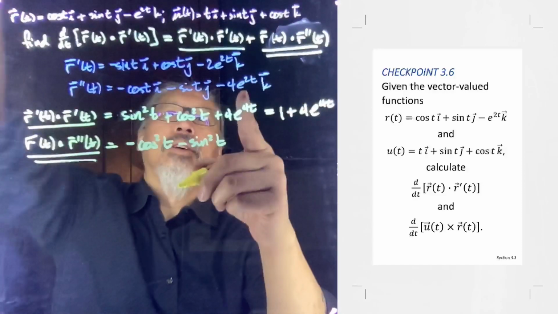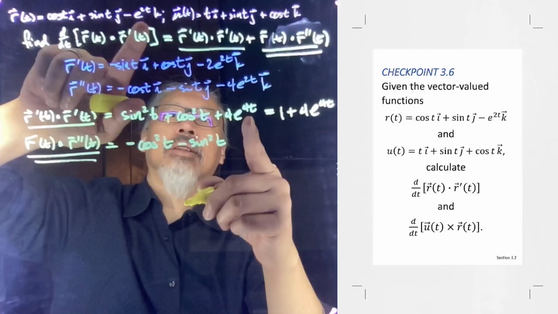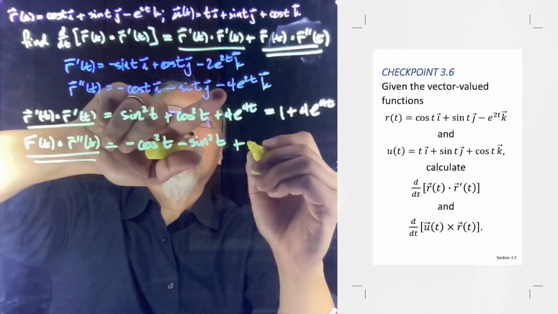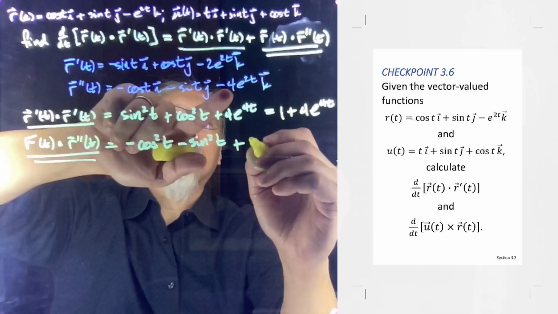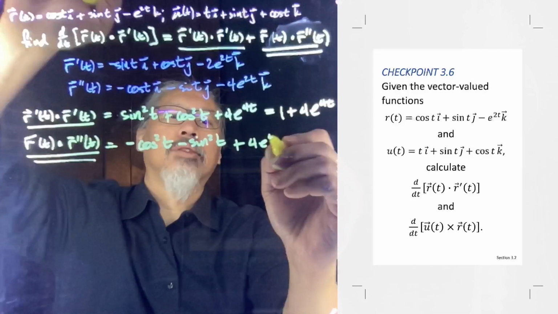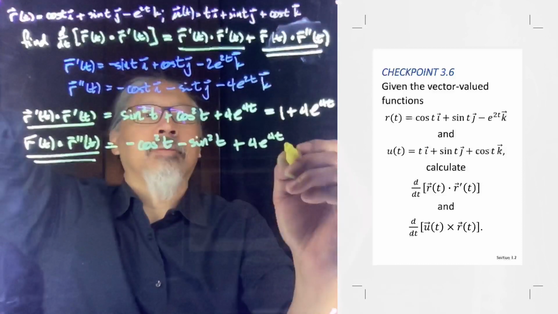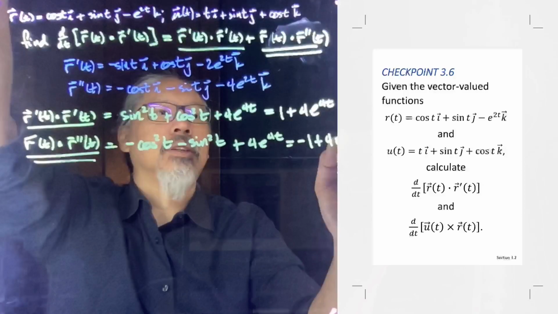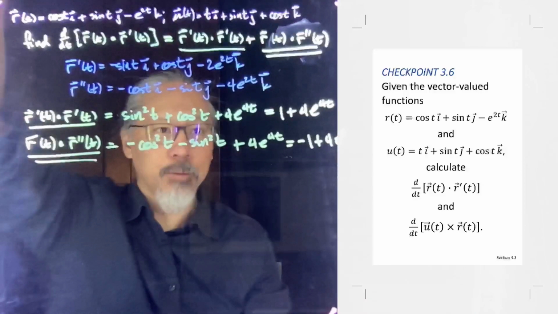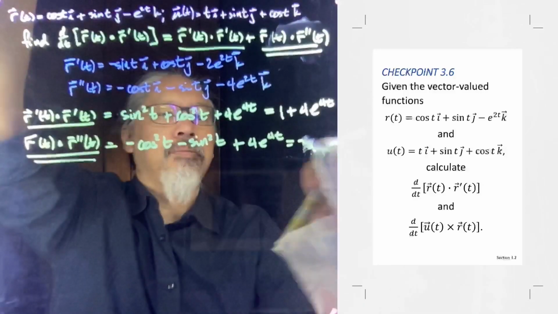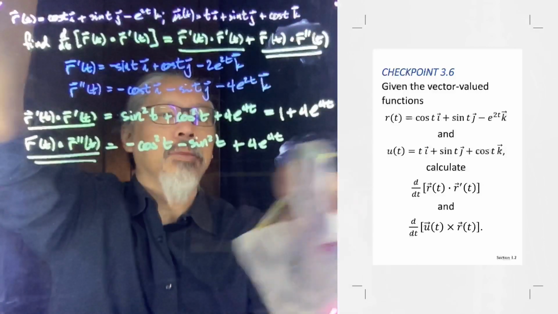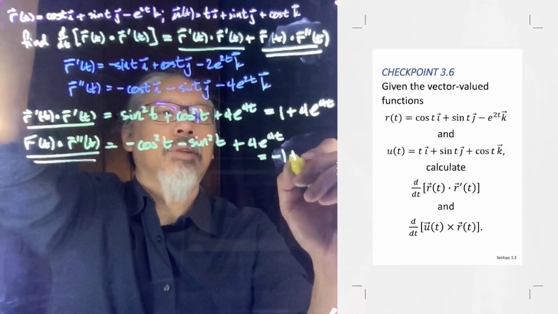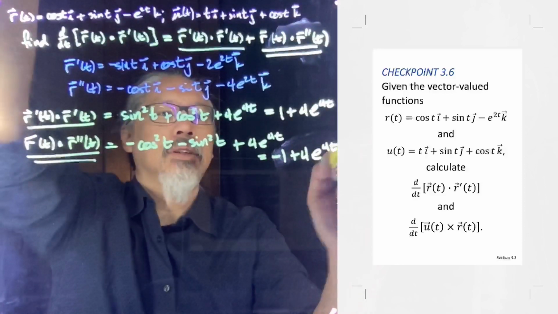And then we have e to the 2t with a negative and a negative, so that's a positive, and if you multiply that, that would be 4e to the 4t. Okay, and that looks like it simplifies to negative 1 plus 4e to the 4t. Looks like we're running out of space. Let me write it right below it, equals -1 plus 4e to the 4t.